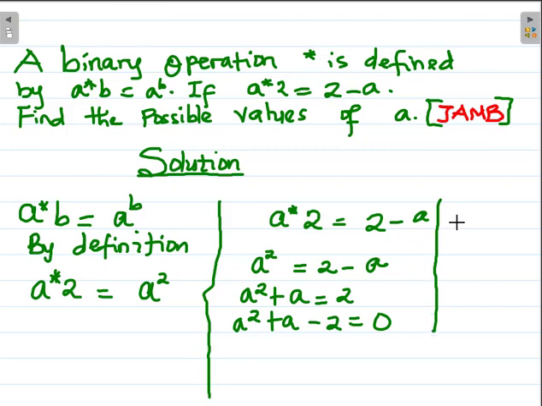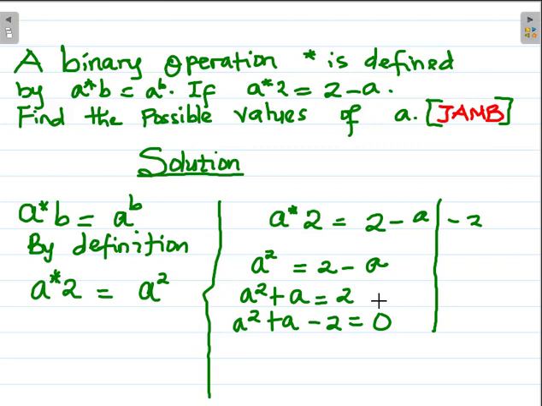So the constant term is -2. We're looking for two numbers whose product is -2 and whose sum is +1, because the coefficient of the middle term is 1.